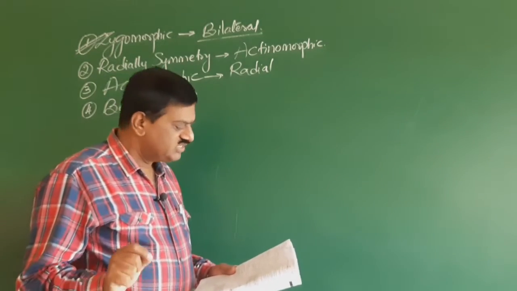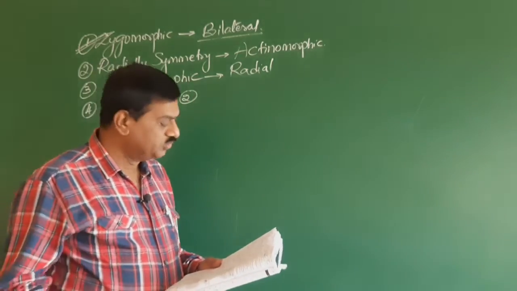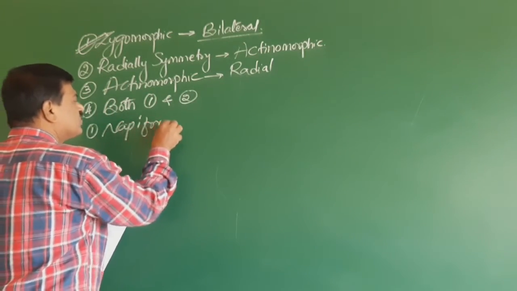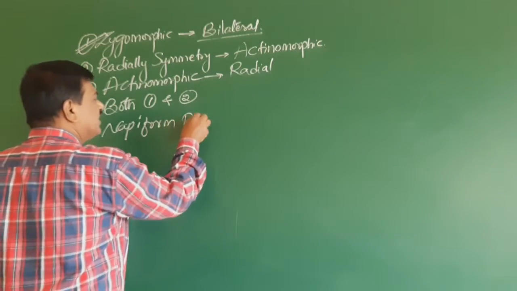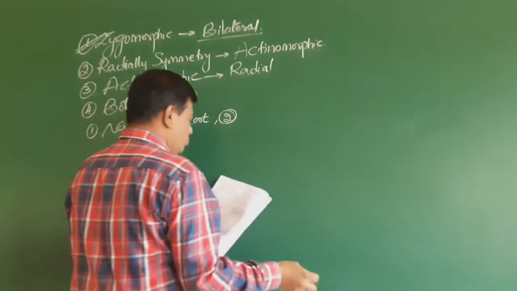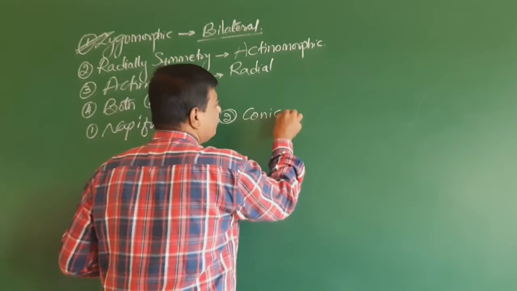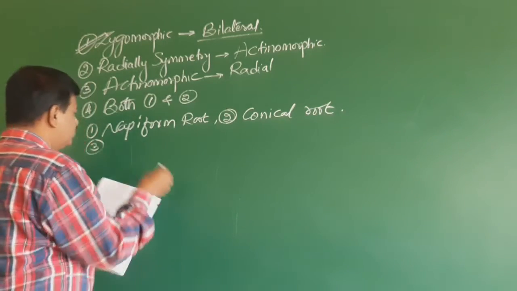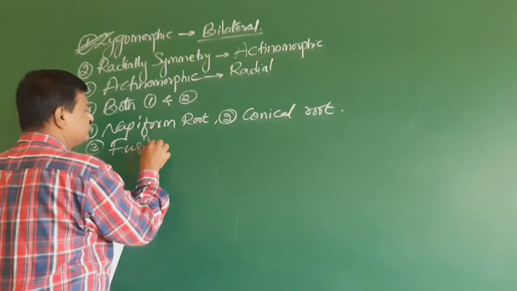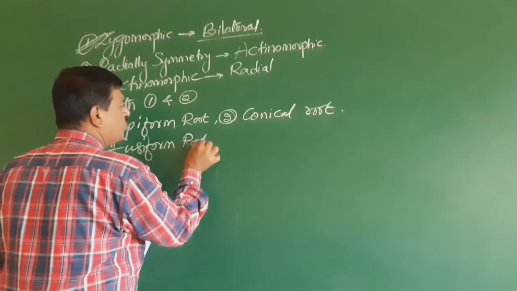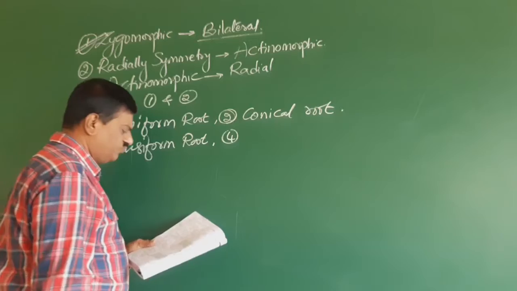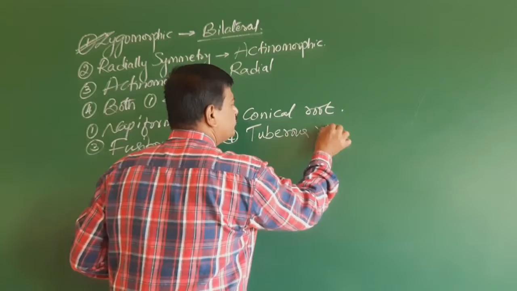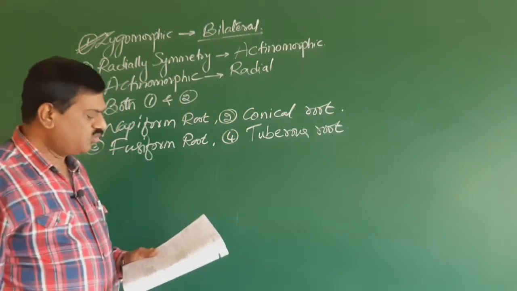Radish has, the first option, napiform root, the second one is conical root, the third one is fusiform root, and the fourth one is tuberous root. So these are the four options.